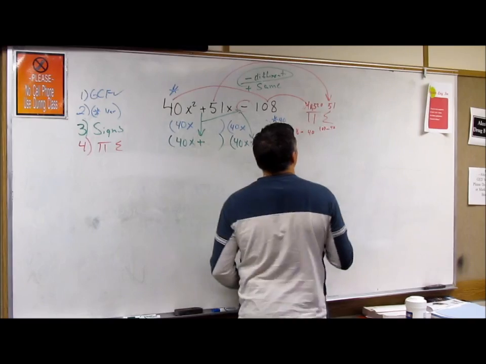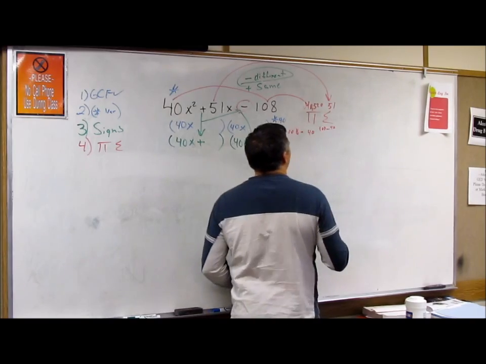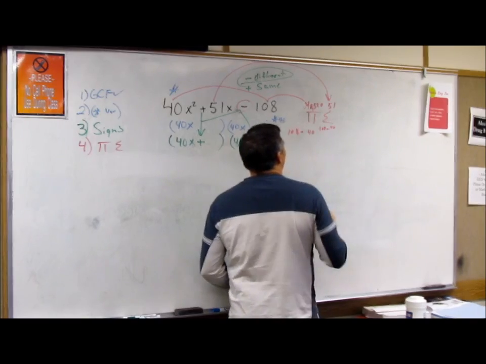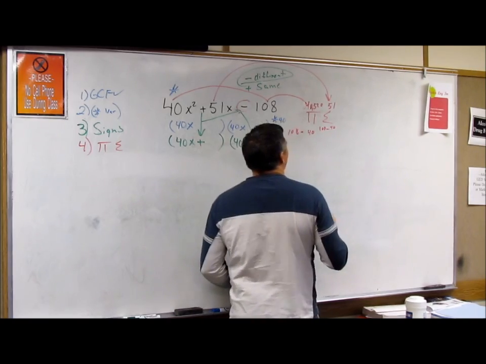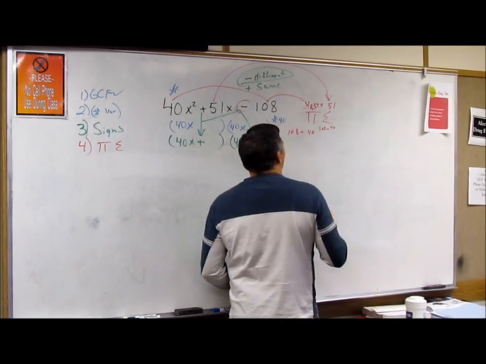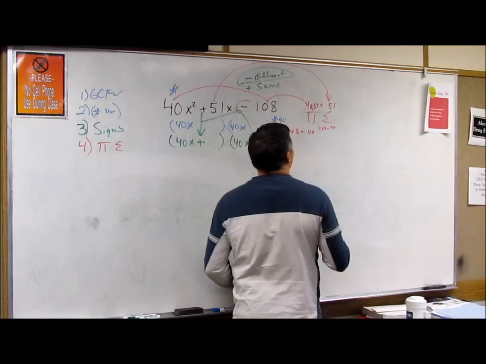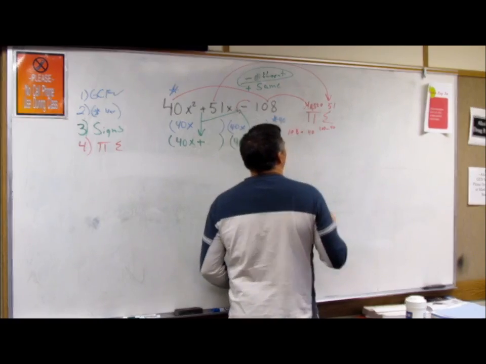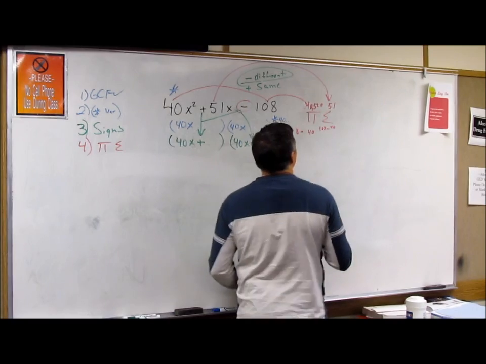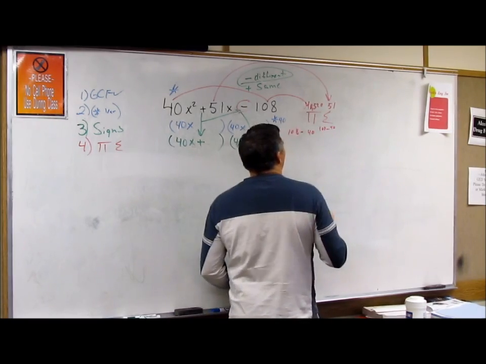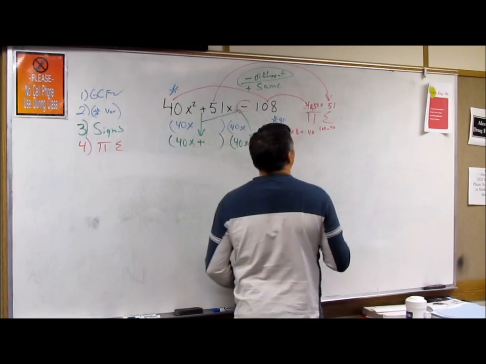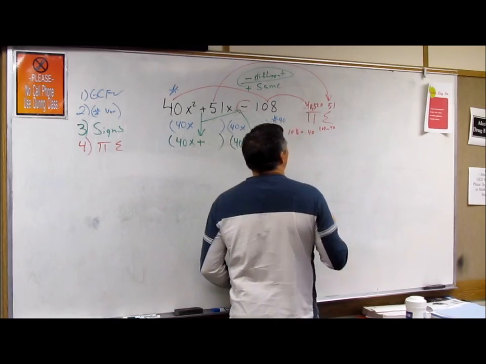I'm just kind of using some logic, not even knowing if it's going to work. 4,320 divided by 42 is 102.8. 102.8 minus 42 puts us at 60. So I'm getting down, but it's still not far enough, right?